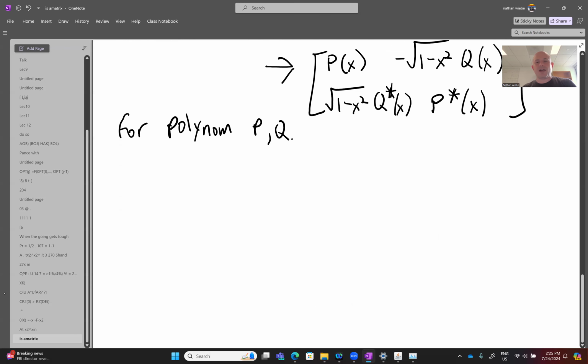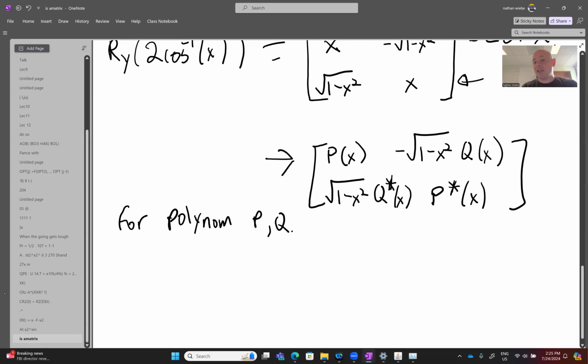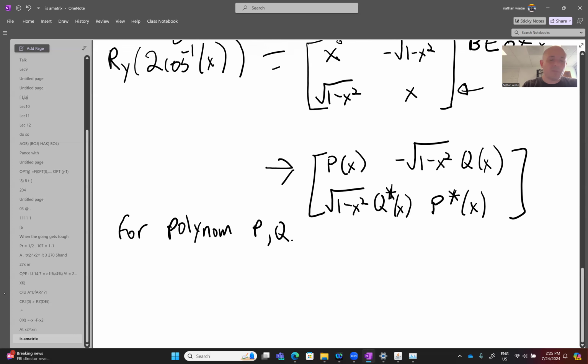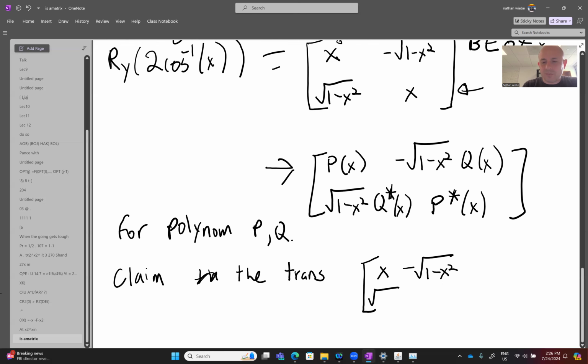actually build this. And the question is what P's are possible. So the claim: the transformation of x, square root 1 minus x squared, negative square root 1 minus x squared, x, to well, I'll save this.